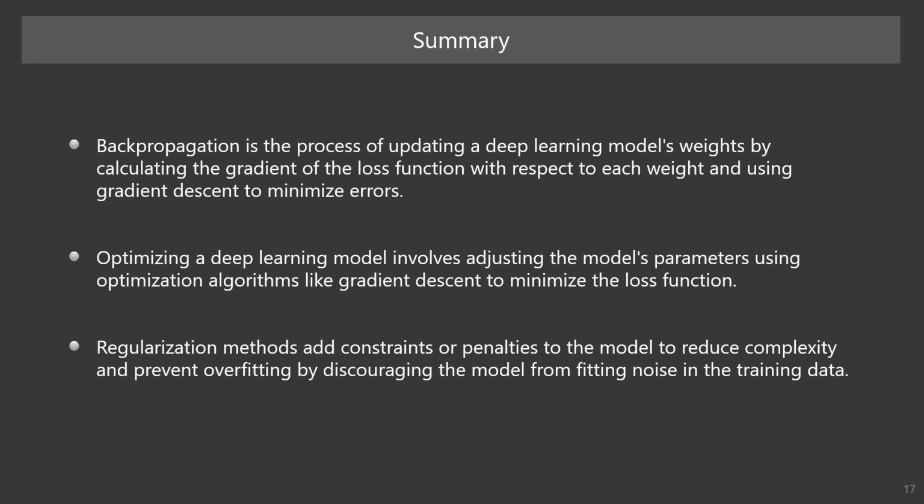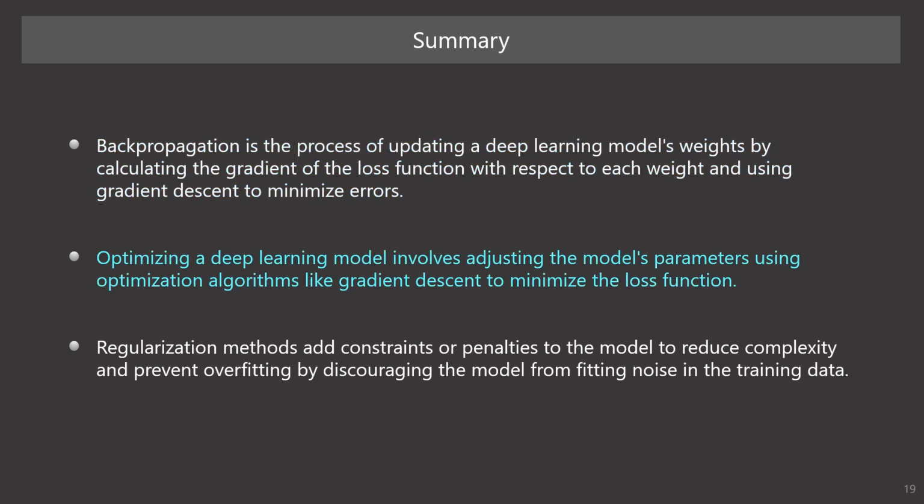Let's summarize the points in this chapter. Backpropagation is the process of updating a deep learning model's weights by calculating the gradient of the loss function with respect to each weight and using gradient descent to minimize errors.